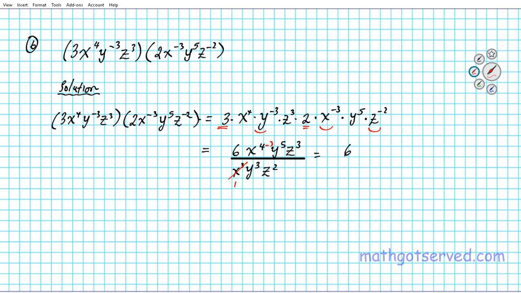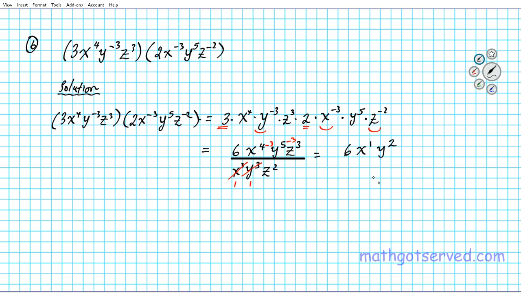That's equivalent to dividing by x to the third on the top and bottom, okay? So that's going to leave us with x to the first power. And then the y's, which one is smaller? Y to the third is smaller than y to the fifth, so y to the third is divided out completely on the bottom, and on the top you minus 3 from that power, and that gives us y to the 5 minus 3, 2.